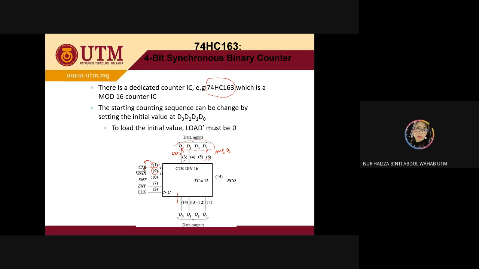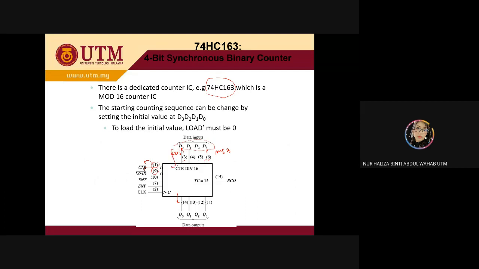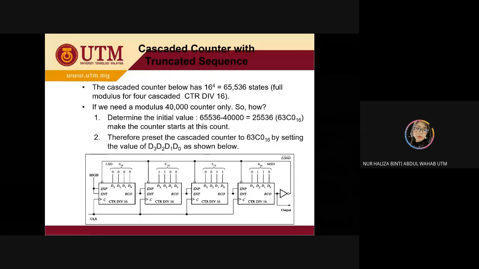So it's going to follow a similar sequence. This is basically the same thing, but inside here, what will happen if you have the cascade counter in terms of a cascaded sequence?